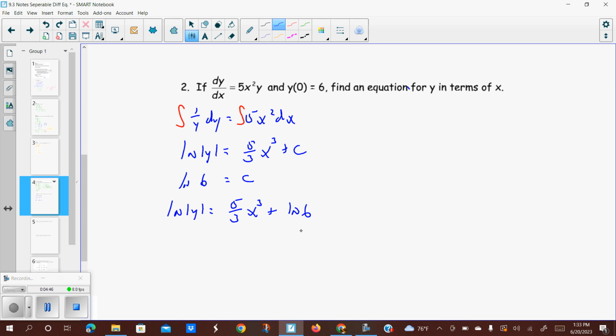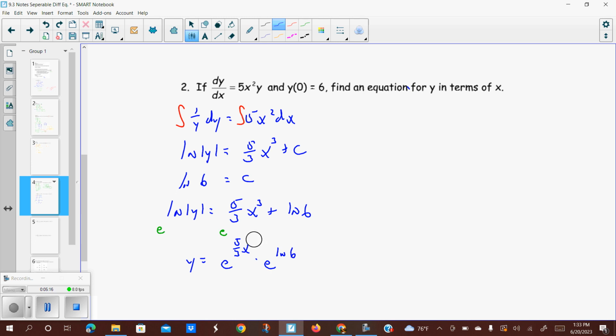And then solving for y, we need to exponentiate, get the y out of that natural log. So that will leave us with y equals the exponential of 5/3 x cubed plus natural log of 6. We can use that property that we did in video 1 to separate to e to the 5/3 x cubed times e to the natural log of 6.